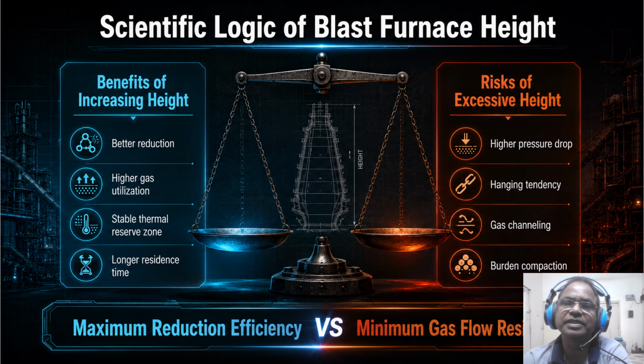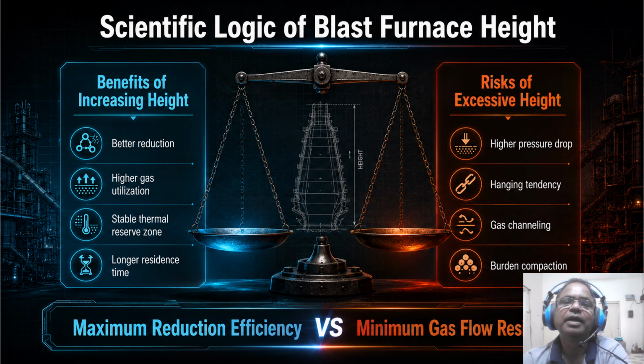As height increases, the burden column becomes heavier and more compact also. So gas now faces greater resistance while moving upward. This creates several operational risks: higher pressure drop, gas channeling, burden hanging, and most important, permeability problems. So blast furnace design is always a compromise between two opposing requirements.